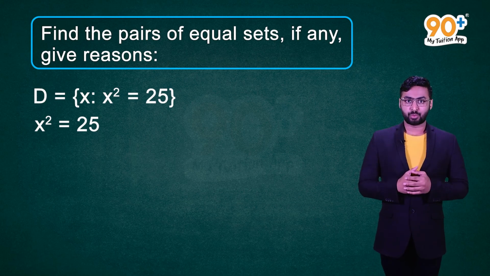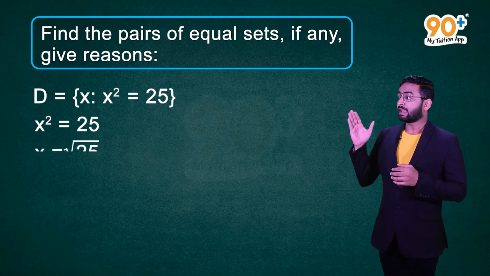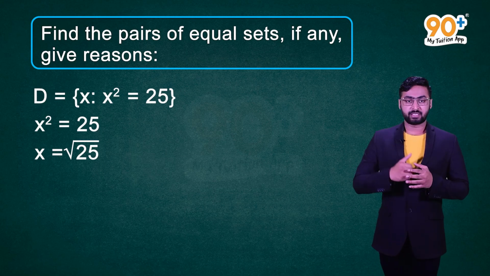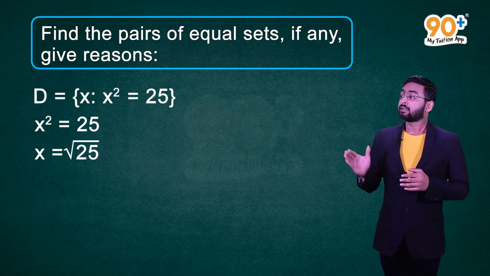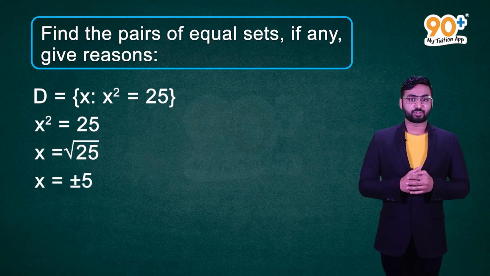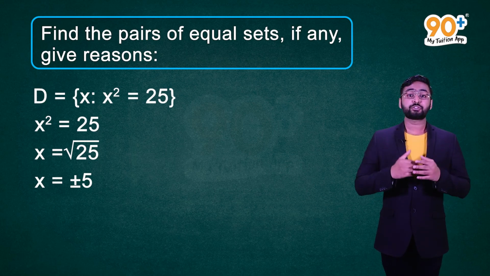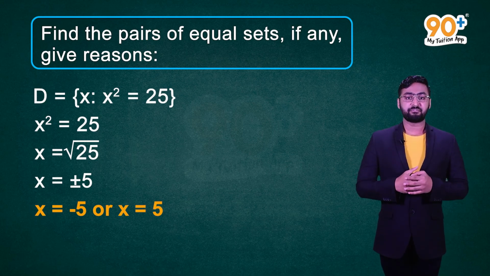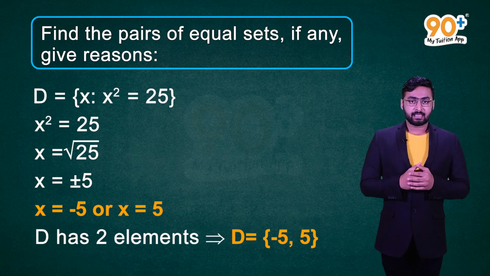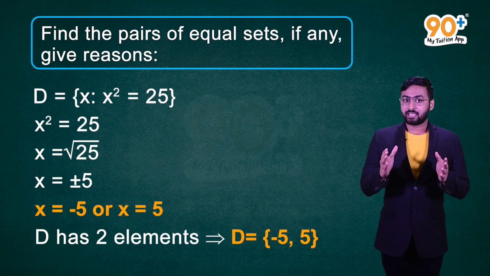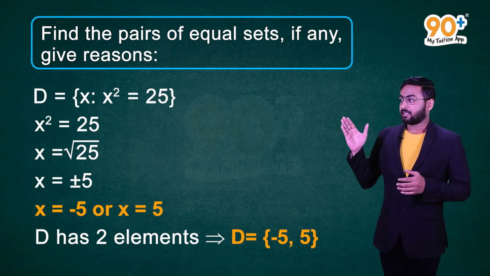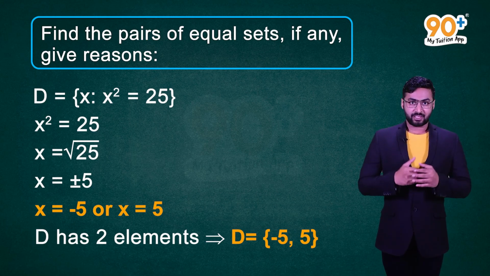Let us solve this equation. So we can write x is equal to root 25. Then we get x is equal to plus or minus 5. So the values of x are minus 5 and 5. So set D has two elements and we can write D is equal to minus 5, 5.